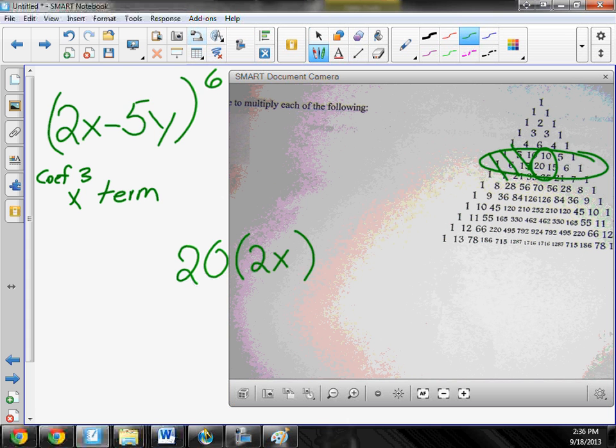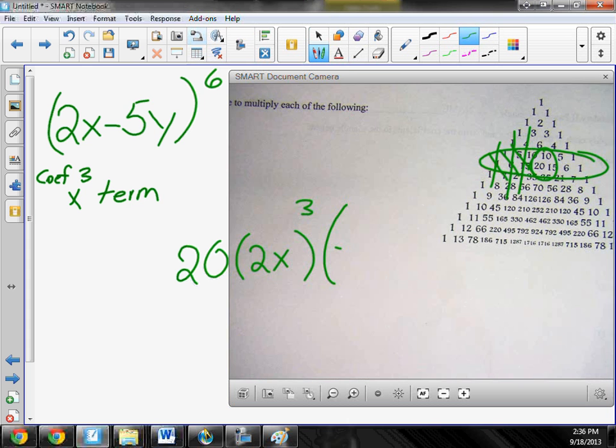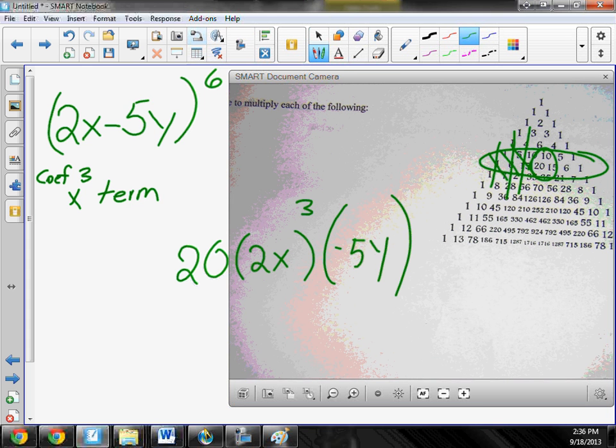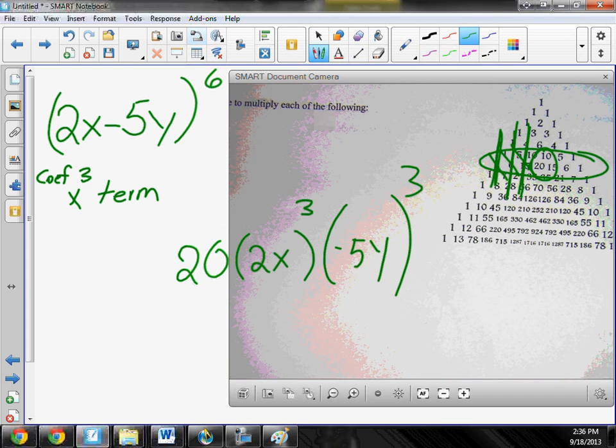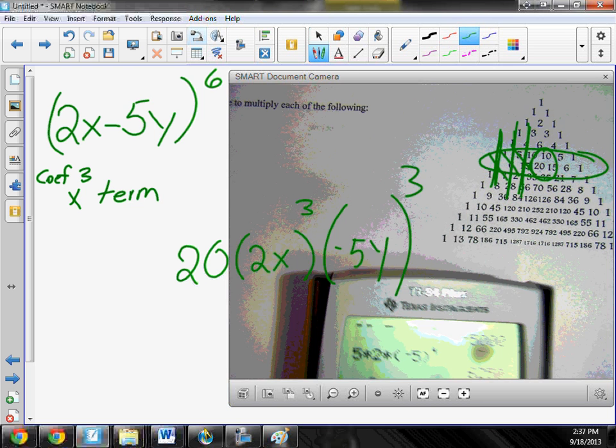So it would be 6, 5, 4, 3. How many negative 5y's are there? So 0, 1, 2, 3. And we can forget about the variables for this one. So 20 times 2 to the 3rd times negative 5 to the 3rd. That's going to be our answer.